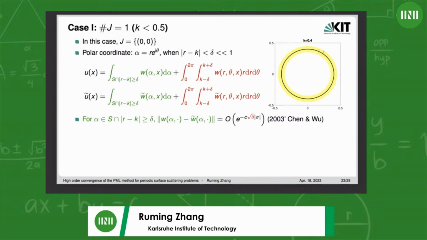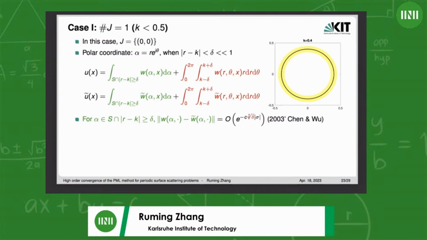Outside the yellow annulus, this is good, but within the yellow annulus, we write it in polar coordinates. For this part, from this 2003 paper, we already know that it is very nice. The convergence is exponential, but the width of the annulus, we call that delta.